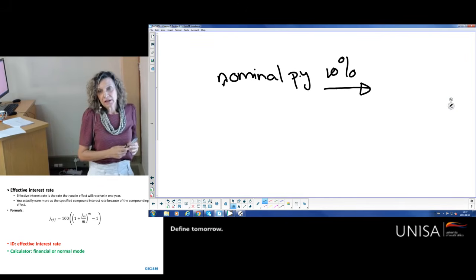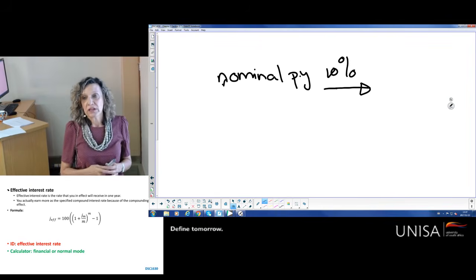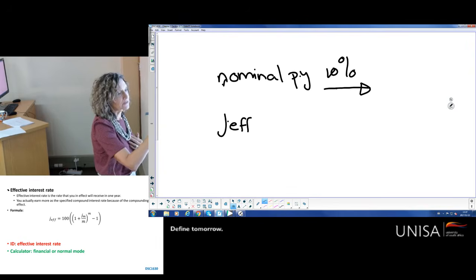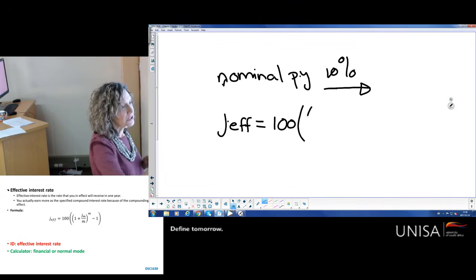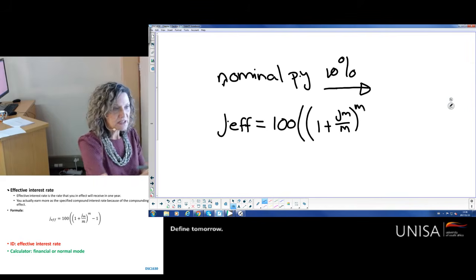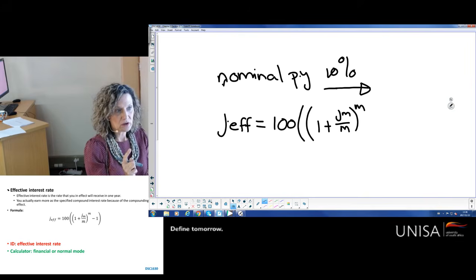The formula, if you can look at it, is basically just your interest component. So the effective interest rate, the 100 is just there to give you the percentage: 1 plus JM over M, to the power of M. So can you see this is just the interest component for 1 year, right?